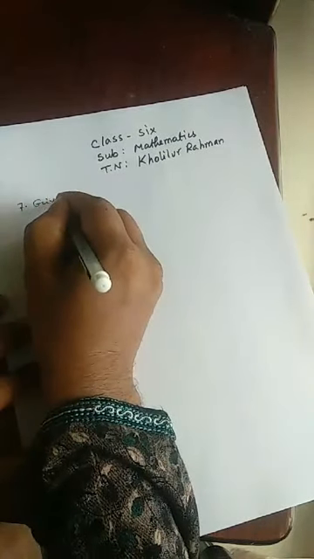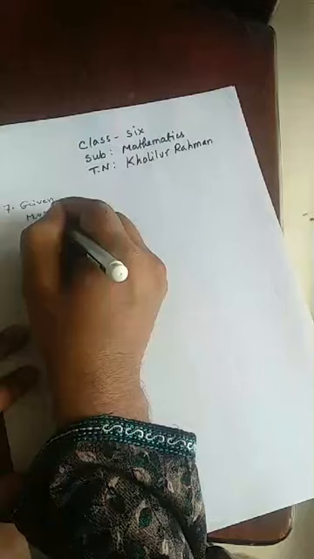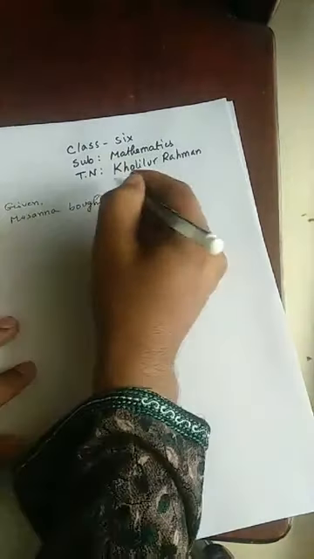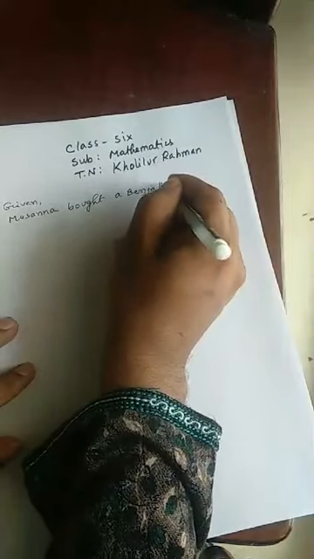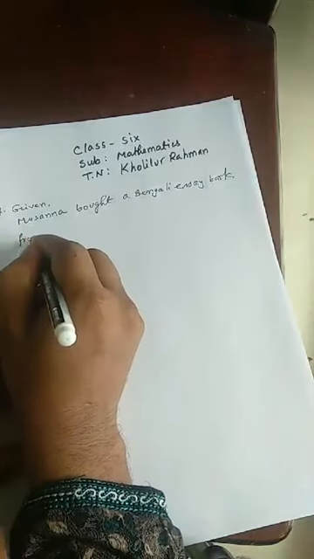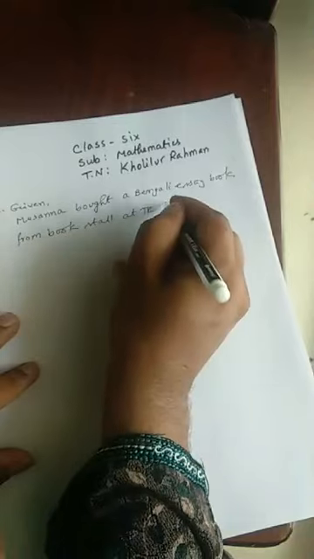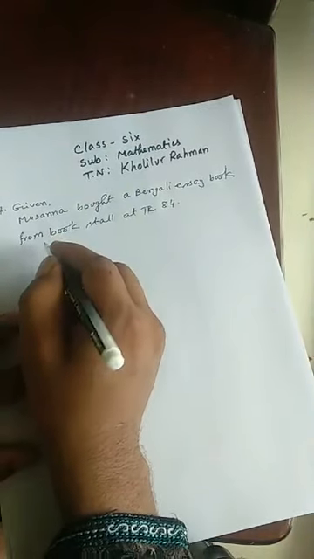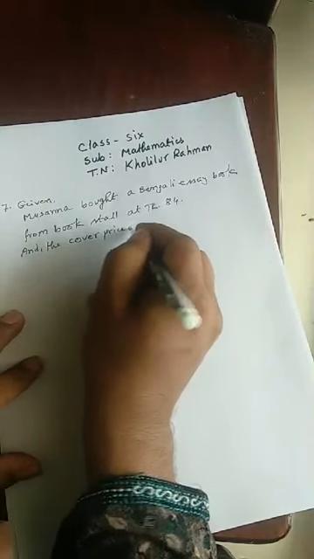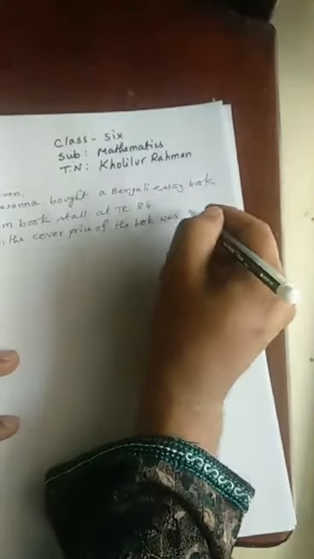Given: Musanna bought a Bengali essay book from bookstall at Taka 84, and the cover price of the book was Taka 120.